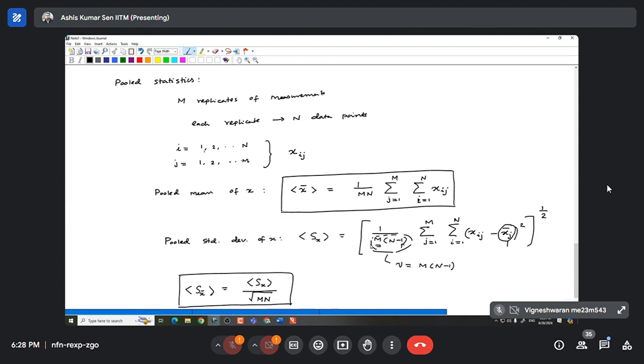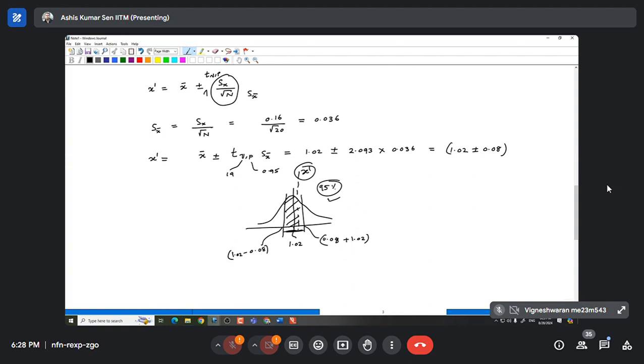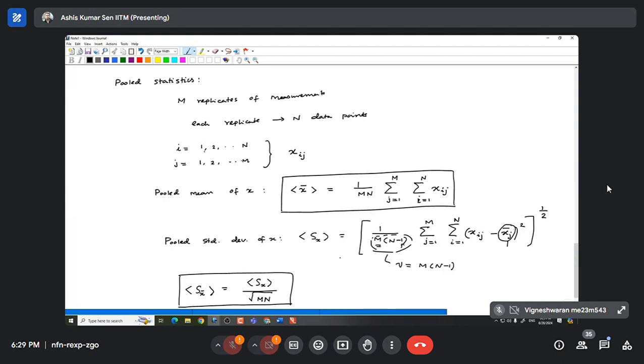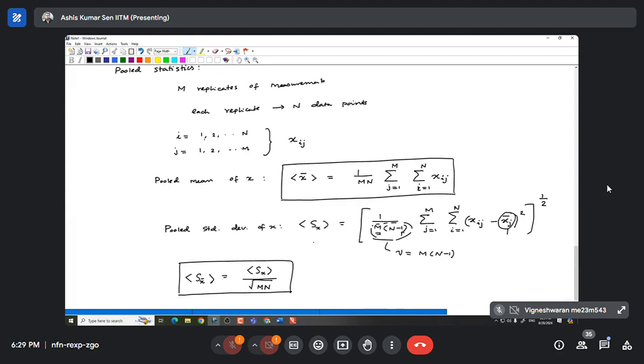Sir, what is the significance of this pooled statistics? Because we are already taking the sample from the population. In this example, you have only one particular data set, 20 data points, and you are doing this analysis. When you have, let's say, 3 different replicates, each having 20 data points, you have to use pooled statistics to find the pooled mean and pooled standard deviation of the means.